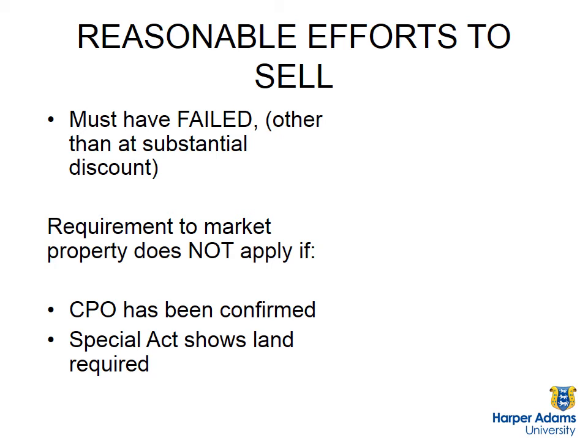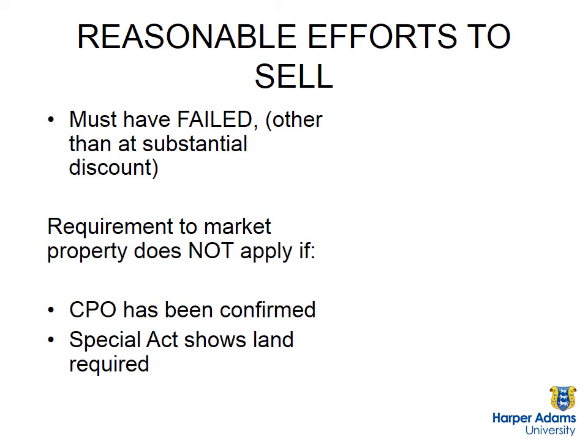And those reasonable efforts to sell must have failed, other than at a substantial discount. However, that requirement to try to sell your property does not apply once a compulsory purchase order has been confirmed, but land has not been taken yet, nor does it apply where a special act shows what land of yours is required for the development.